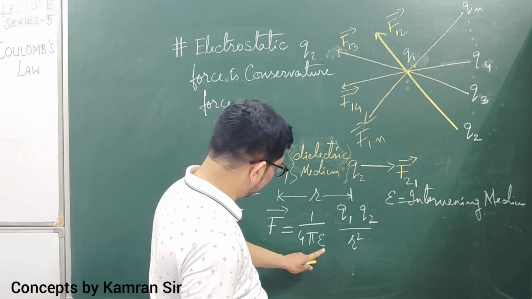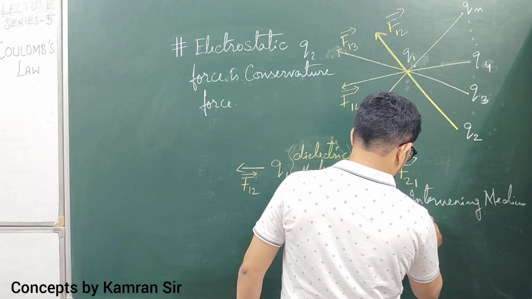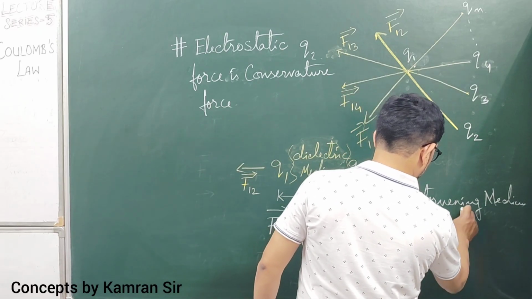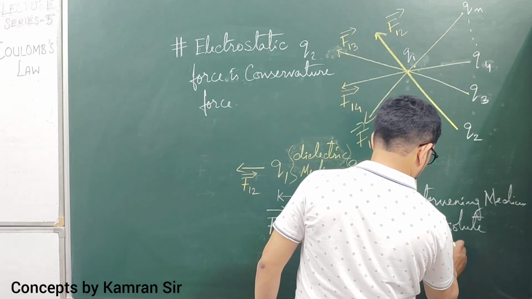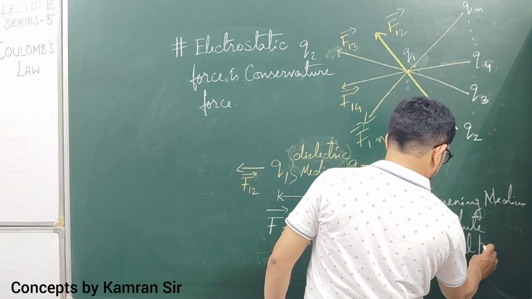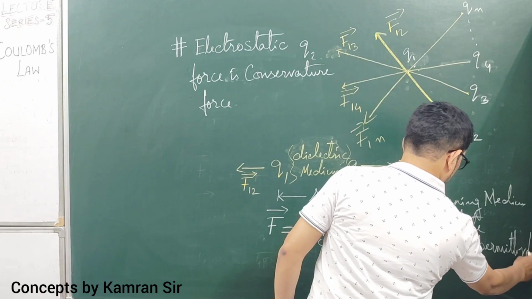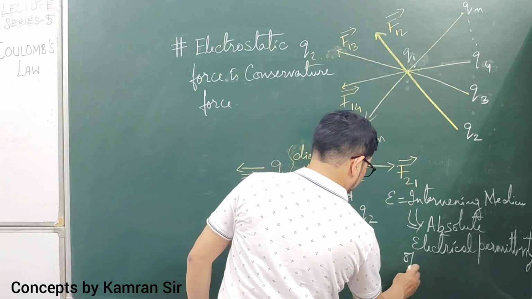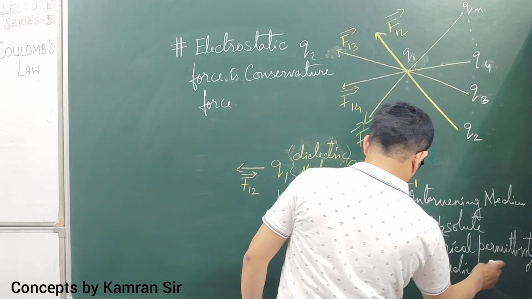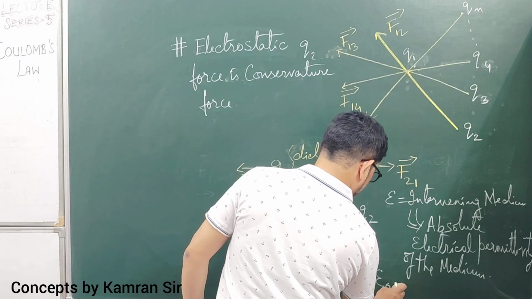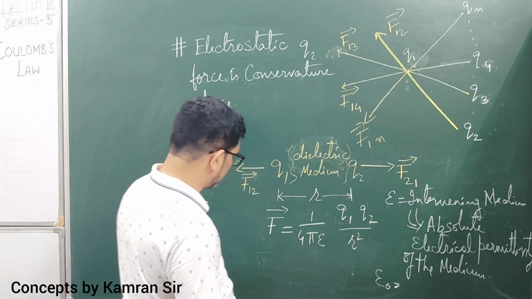What is the relation then between this epsilon and epsilon naught? Epsilon is the absolute electrical permittivity of the medium, and we already know the absolute electrical permittivity of free space, which we denote by epsilon naught.